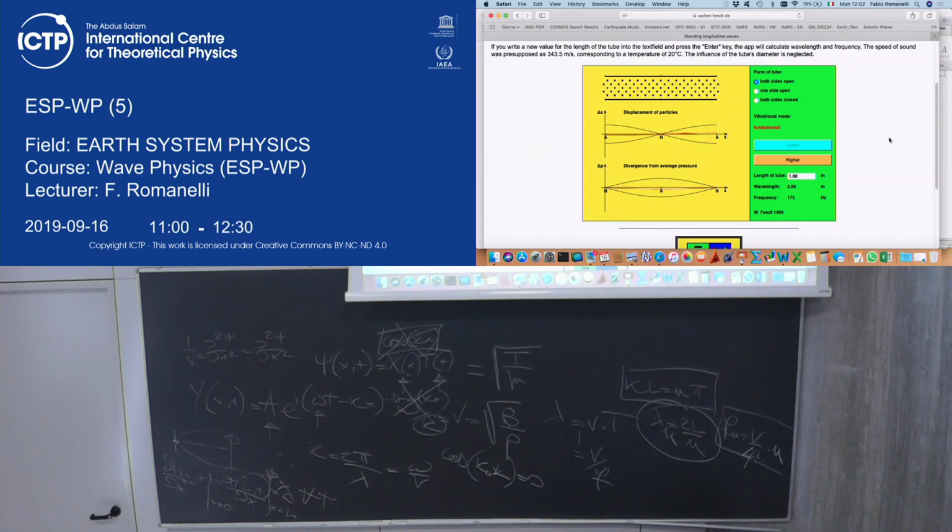Now, let's give a look to the molecules. Molecules now are representing sound waves. And they are longitudinal. Please remember, typical waves in the string are transverse, these ones are longitudinal. What's going to happen here? Well, in terms of displacement, it's going to be maximum at the two edges.